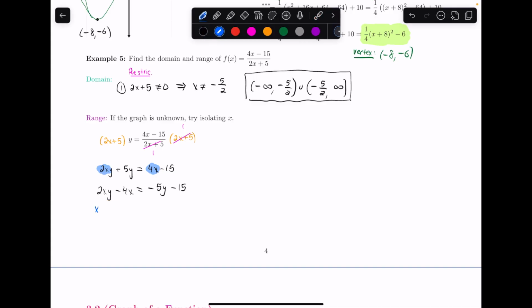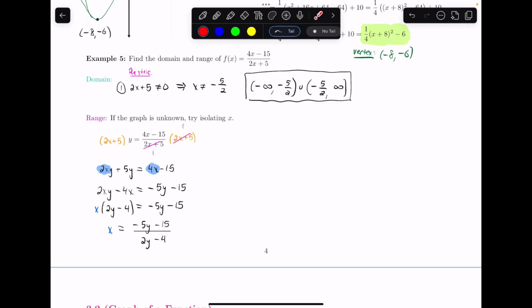I'll factor out an x, and that leaves me with 2y minus 4 equals, on the right, negative 5y minus 15. Now the stuff in parentheses, I can divide over to the other side. That leaves me with x on the left equals negative 5y minus 15 divided by 2y minus 4. And now the x is isolated and it's in terms of y.